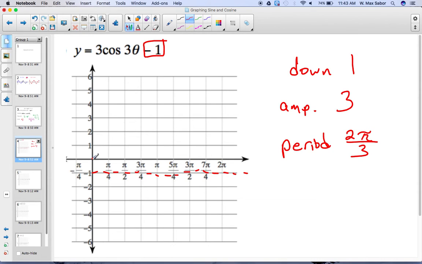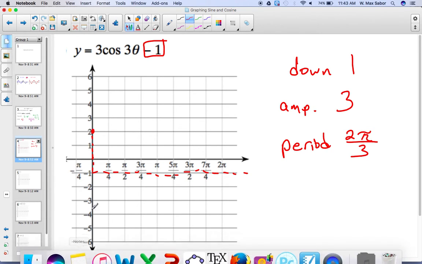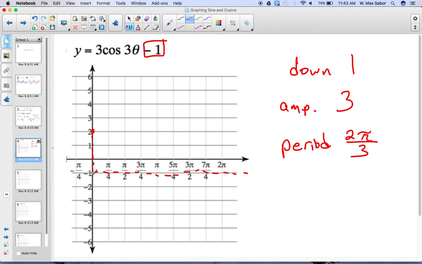So the amplitude is 3, and this is cosine. Cosine would normally start at 1. It's been shifted down 1, so that's at 0, and the amplitude is 3, so it's going to be 3 away from our starting equilibrium. Then our period is 2 pi over 3, so 2 pi over 3 later, where is 2 pi over 3? That's going to be about here. That's going to be where it gets back there.